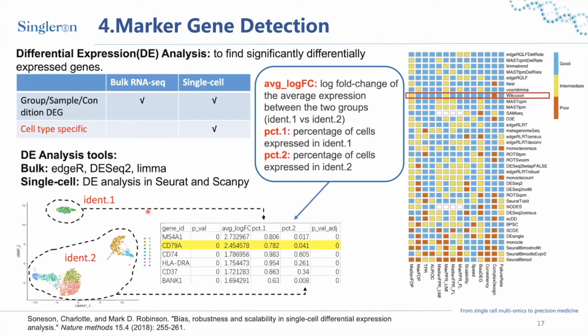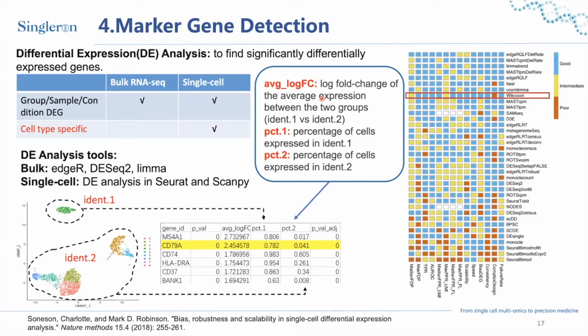We will set this one as the target group of cells, which is ident.1, and set the rest of the cells as ident.2, the background cells. By comparing the two groups of cells, we will get this type of table. The average log FC is the log fold change of the average expression between the groups.